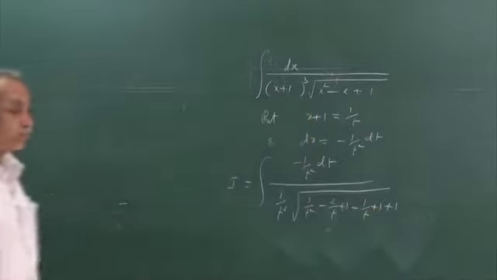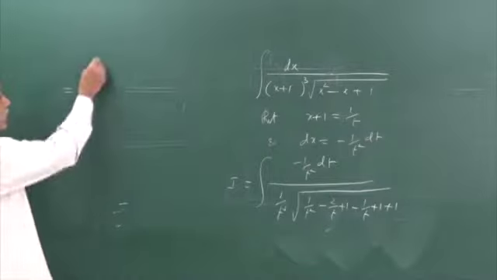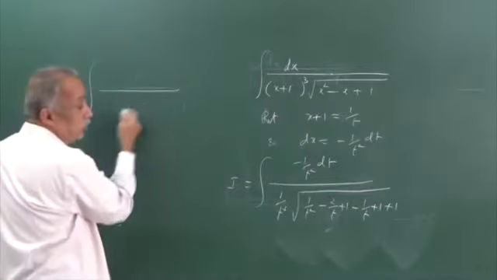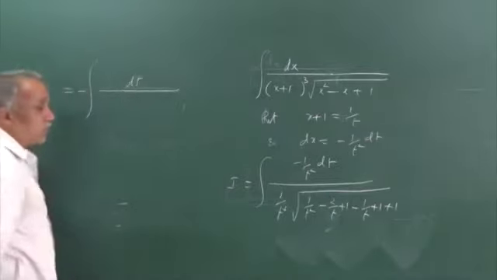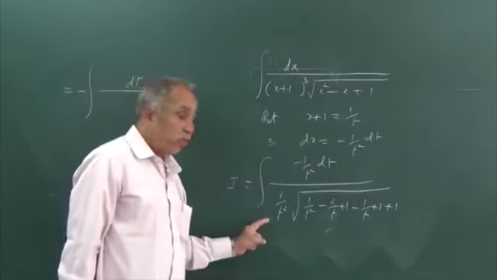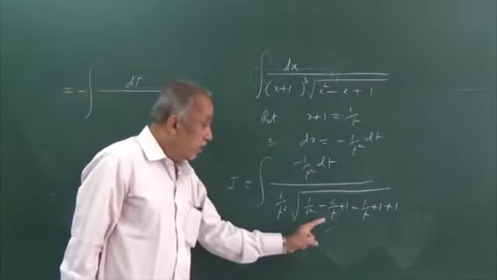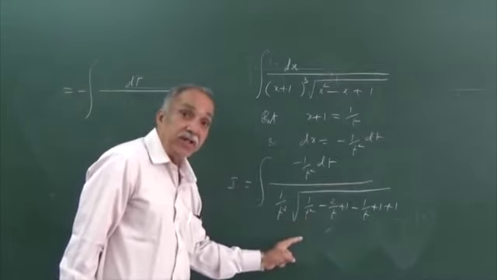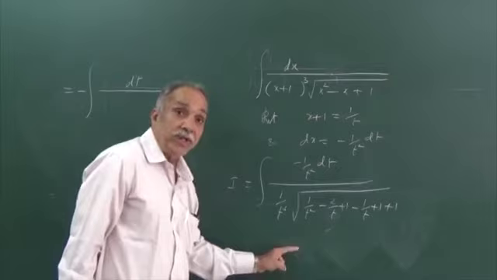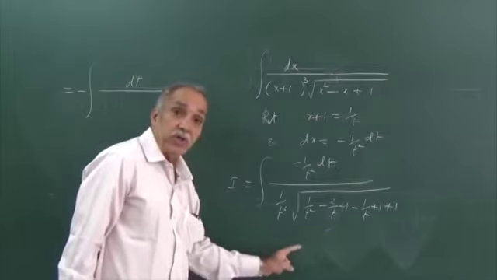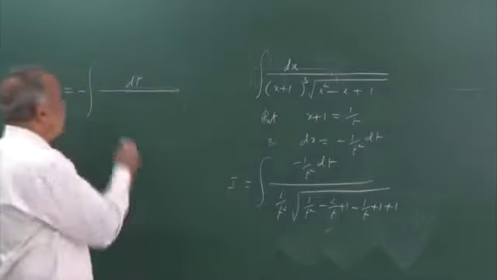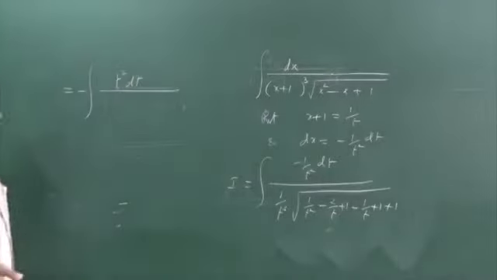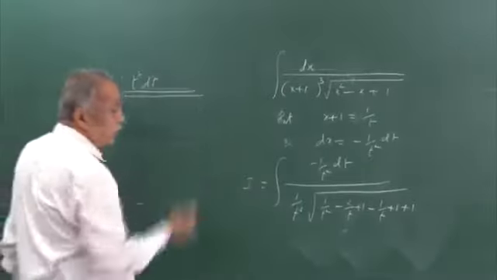On simplification, I am getting negative of dt by, 1 by t square has been removed, 1 by t remains. When you simplify this, taking common denominator, you get another t in the denominator of the denominator. Those two remaining t's together, t square, will be shifted to the numerator.